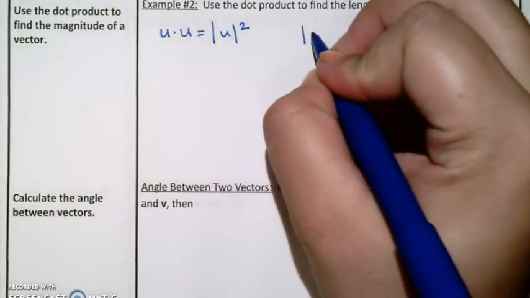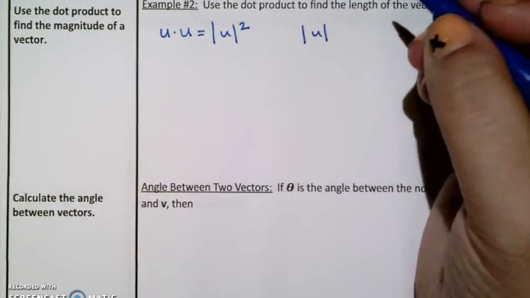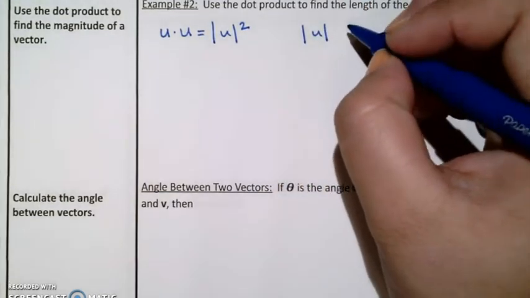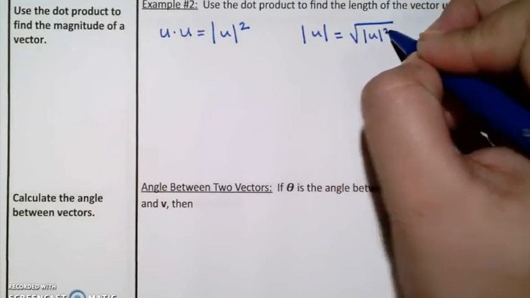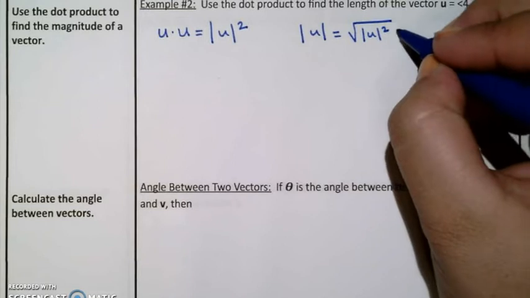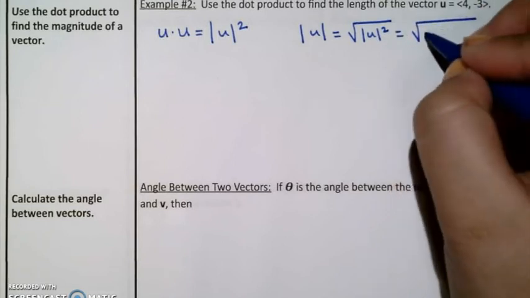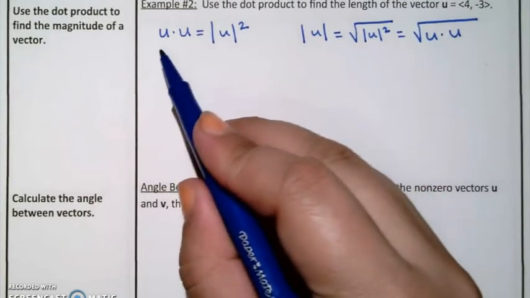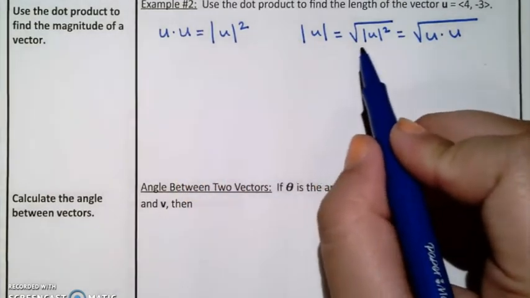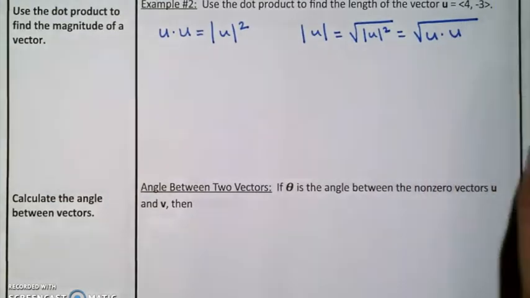So if I want just the magnitude of u, then I can take the square root of the magnitude squared, which means that I'm taking the square root of u dot u. So this was the property that we're using, and this is how we're going to apply it to find the magnitude of the vector.